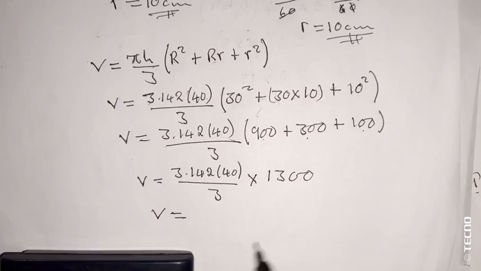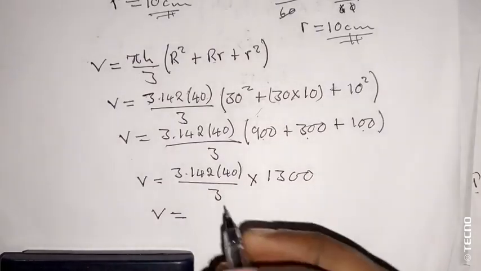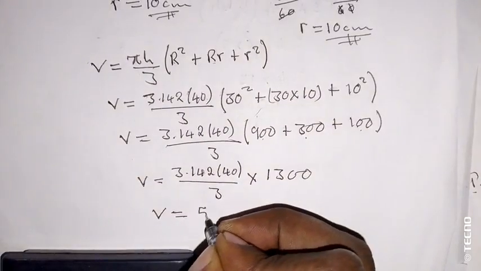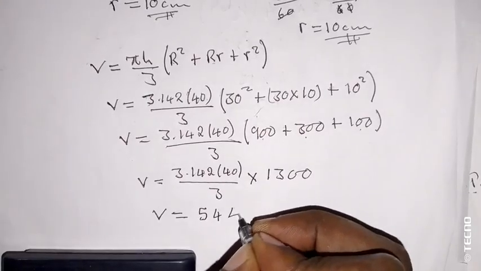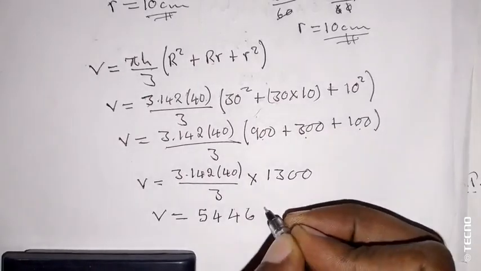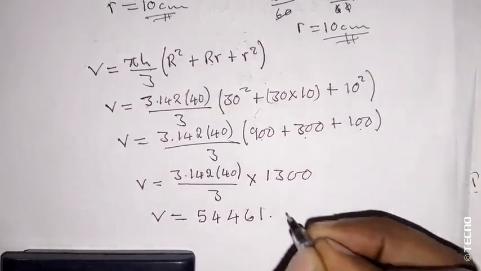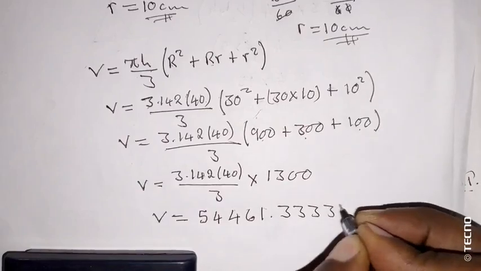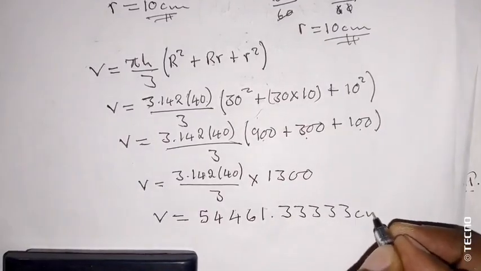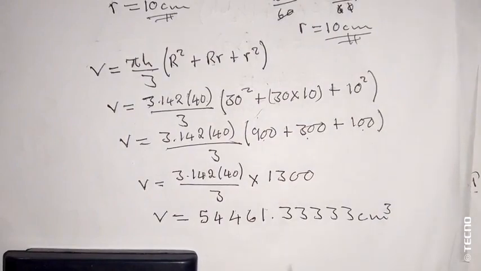Once we compute this on the calculator, the value that we are going to have is 54,461.333333 centimeter cube. So this is the answer.